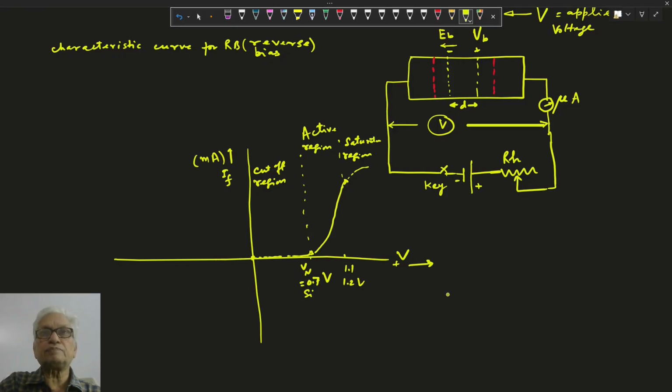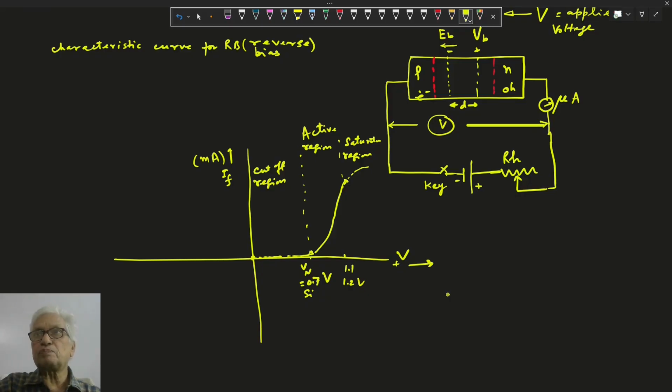Here in reverse biasing, the negative terminal is connected to the P region and the positive terminal is connected to the N region. So no question arises of forward biasing current due to the majority carriers. But for minority carriers, the holes in the N region and the electrons in the P region, the voltage connected here supports the minority carriers and opposes the majority carriers.